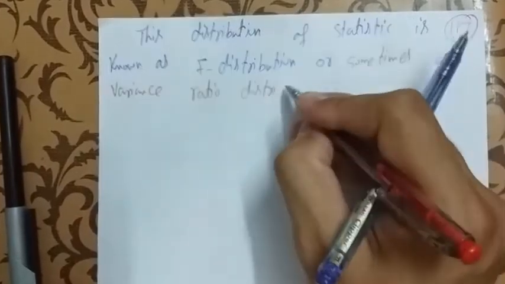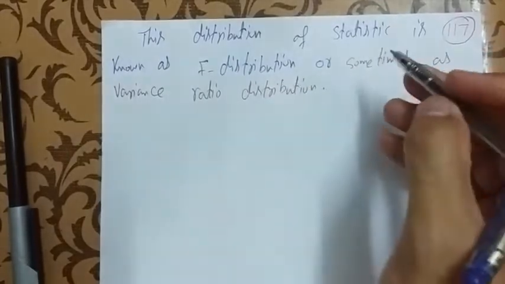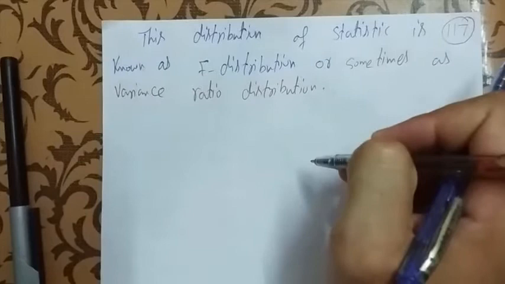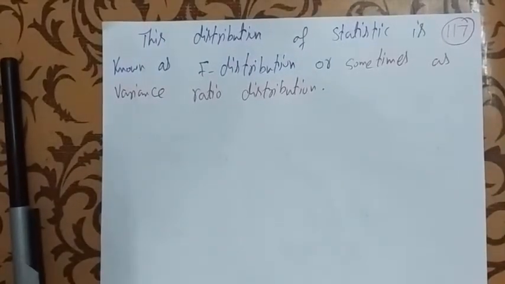Variance ratio distribution. These are the basis of the F distribution. Now we are going to the formal definition of the F distribution.